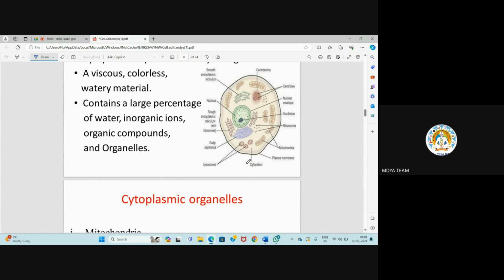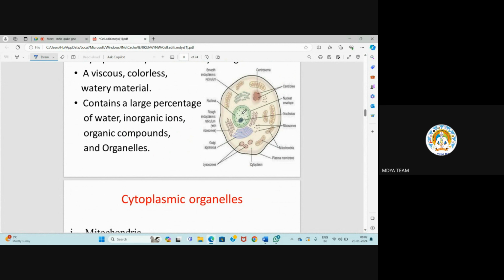See, it is a cell, and inside the cell there is a watery fluid in which all these cell organelles are floating. That fluid is known as cytosol. And when that fluid is combined with all these organelles, then it is known as cytoplasm. Now, the nucleus is one of the cell organelles. You can say it is one of the main cell organelles, or the brain of the cell.